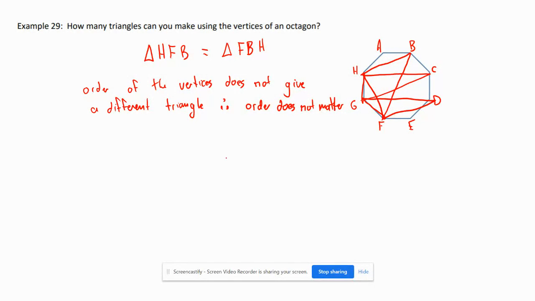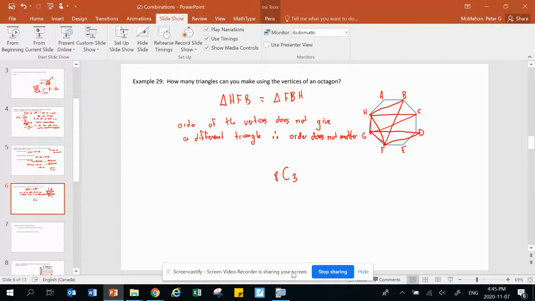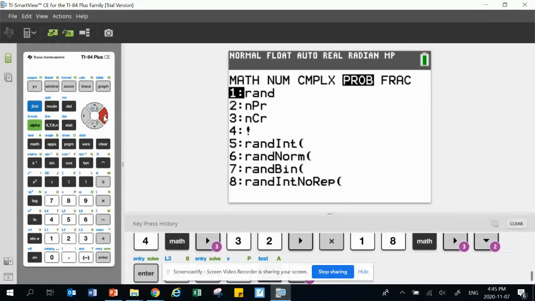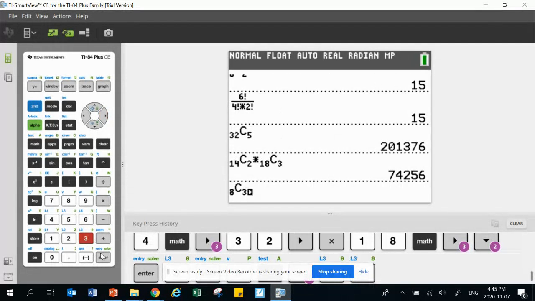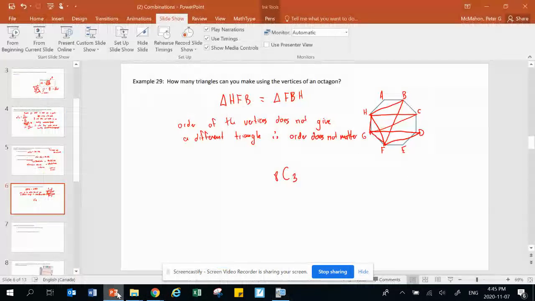So this is as simple as 8 choose 3. Okay, so I'm just going to go on my calculator for that one. 8 choose 3 is 56. There will be 56 different triangles in this question.